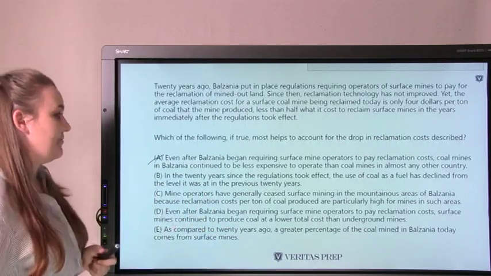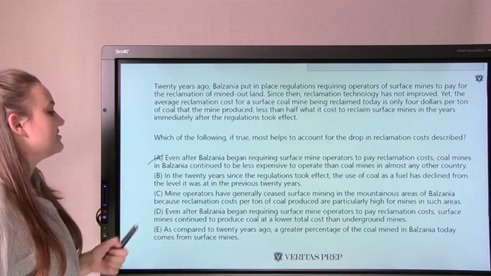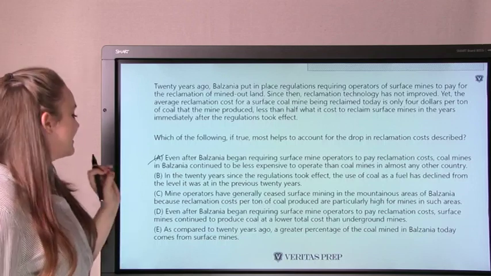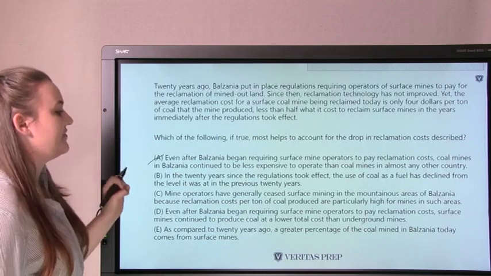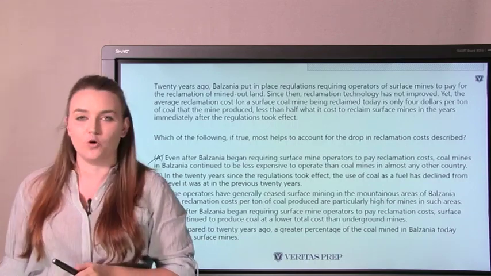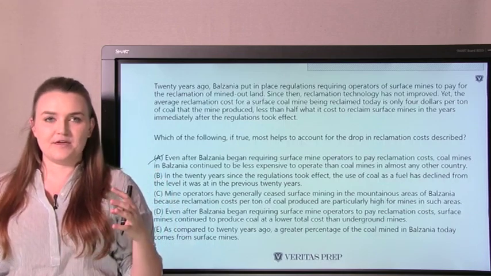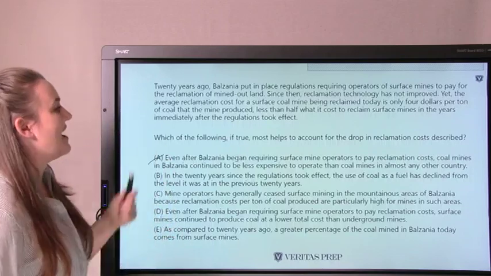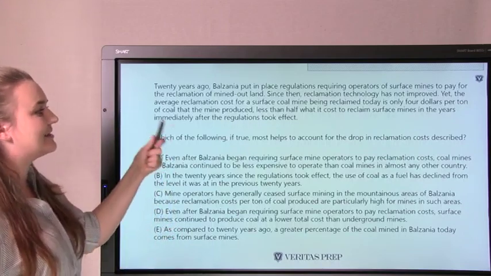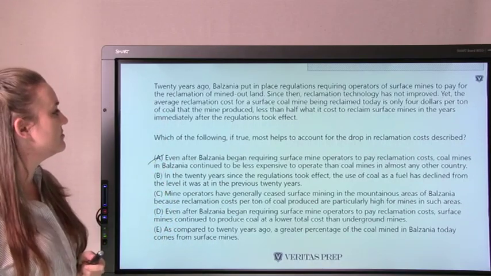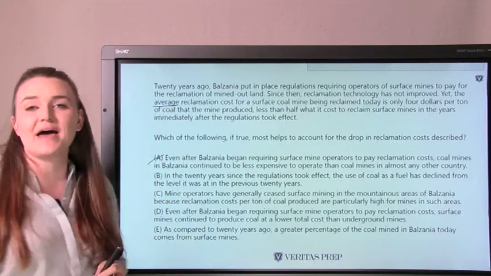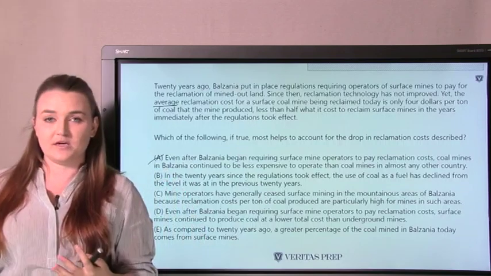But if we look to B, in the 20 years since the regulations took effect, the use of coal as a fuel has declined from the level it was at in the previous 20 years. So the use of coal, basically the population size that we're looking at, should that impact average reclamation costs? Should the population size impact our average, all other things being equal?